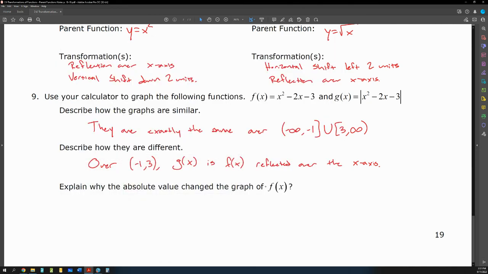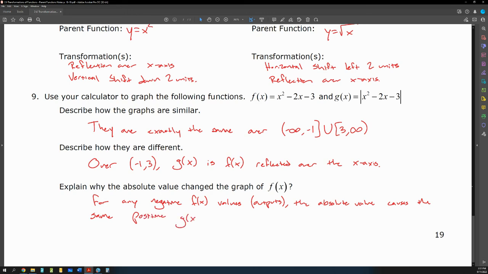So we can say that for any negative f of x values, and just as a reminder, those are function outputs, the absolute value causes the same positive g of x values.